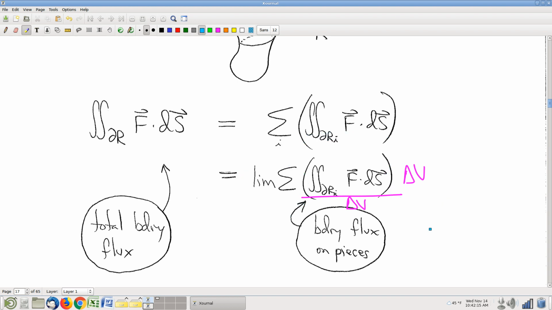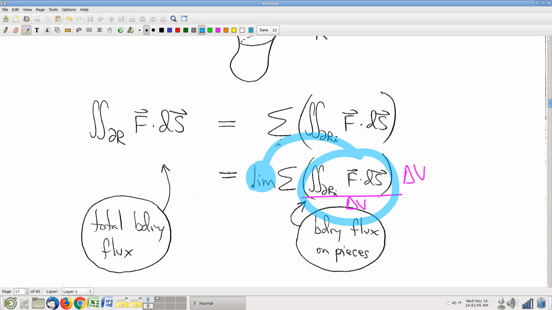The looming question is this thing on the inside, in the limit, of course. Is that a thing? And if so, is it something we can compute? As we chop finer and finer, looking at smaller and smaller little pieces, is it true that the boundary flux on these little pieces per unit volume approaches some conveniently computable limit?